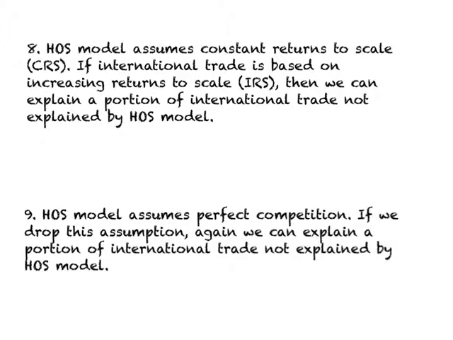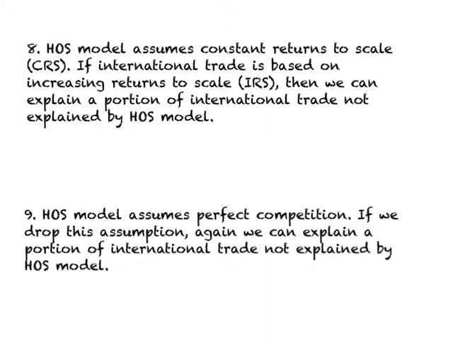It's entirely possible that in place of constant returns to scale, we may have increasing returns to scale, and that means when we double all inputs, output more than doubles. And if international trade is based on increasing returns to scale, then we are able to explain a portion of world trade not explained by the HOS model.